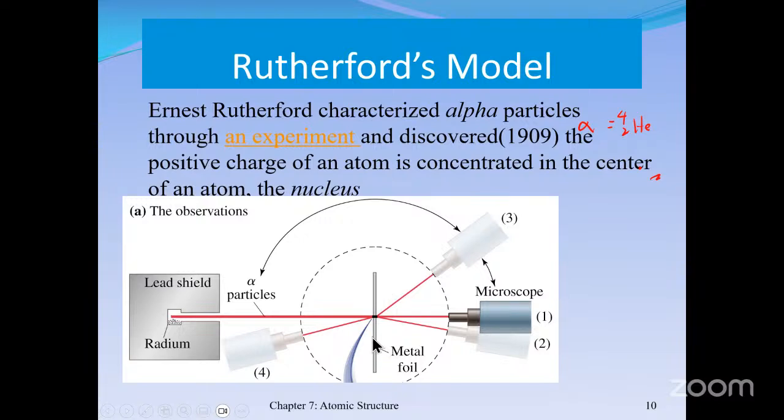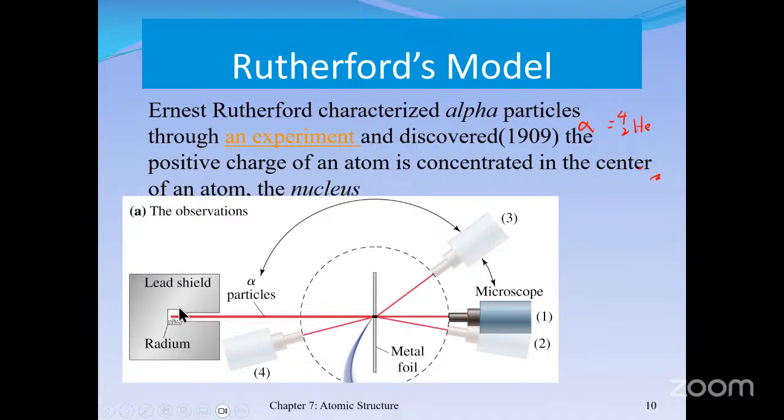Now, what is expected if the plum pudding model was in fact true? What you'd expect is that the alpha particles, being positive, will basically be repelled by the large positive nucleus of the gold atoms that are present here, right? So therefore, you'd expect them to be turned back, right? What was actually discovered was that most of the particles will pass right through the gold foil, right?